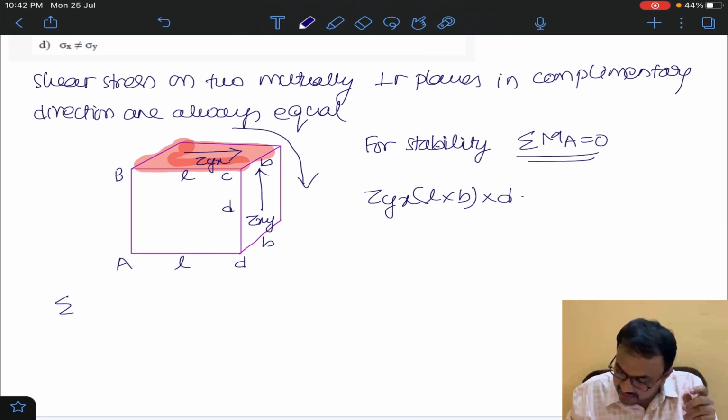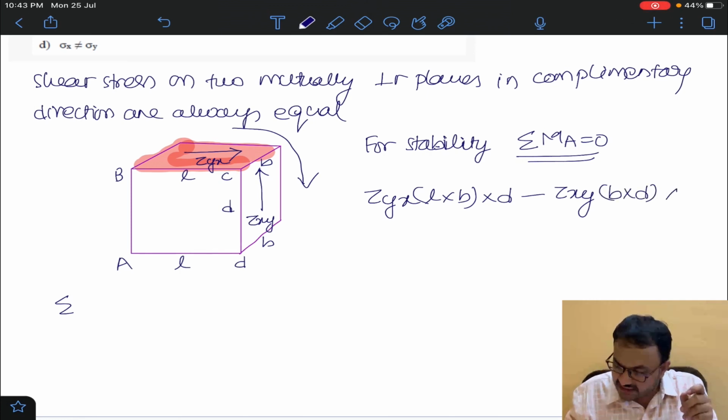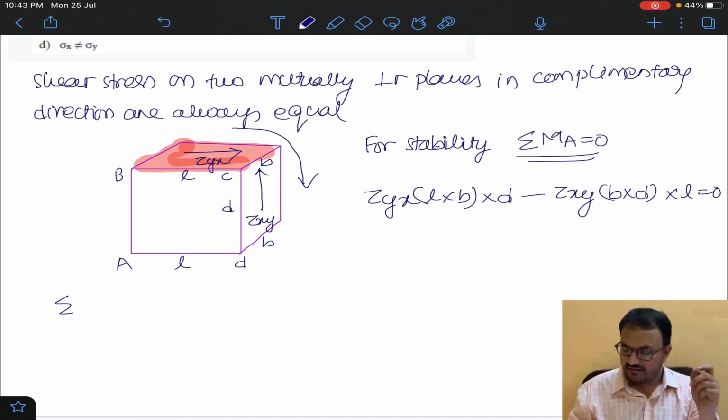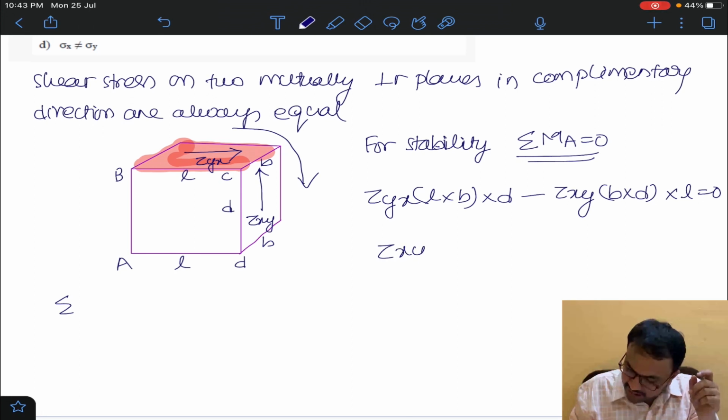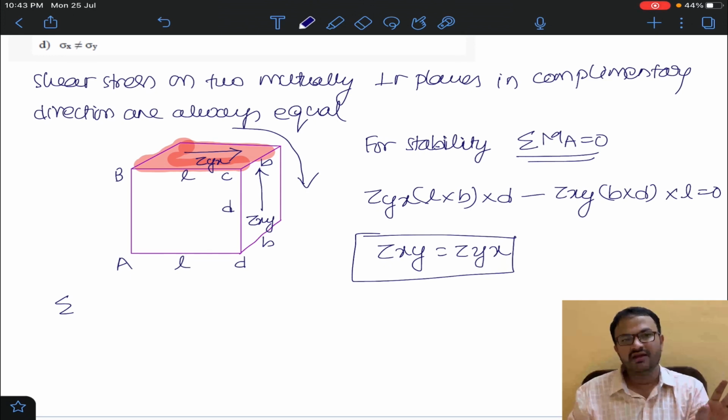Tau xy will produce an anti-clockwise moment. It is acting over area B into D, and the perpendicular distance will be L, that is equal to 0. From this expression I can write tau xy is equal to tau yx. So that is, shear stress on two mutually perpendicular planes in complementary direction are equal.